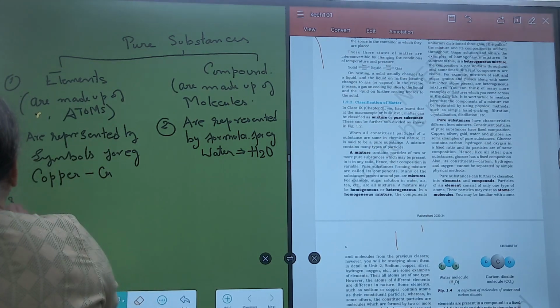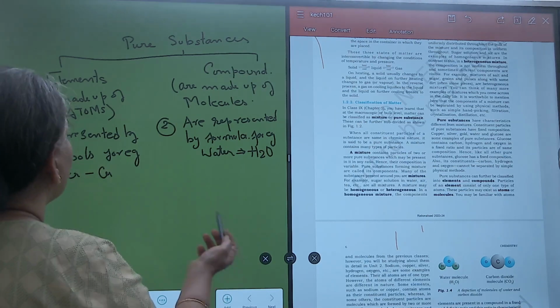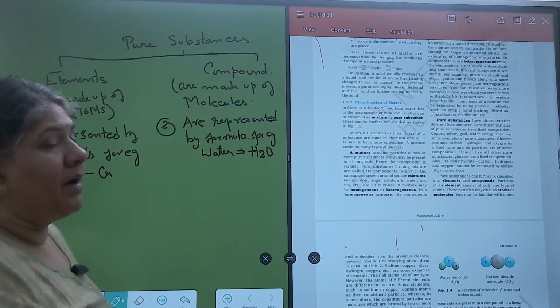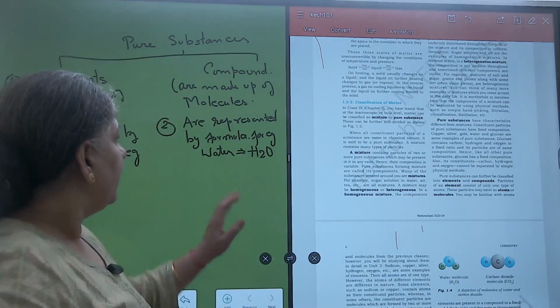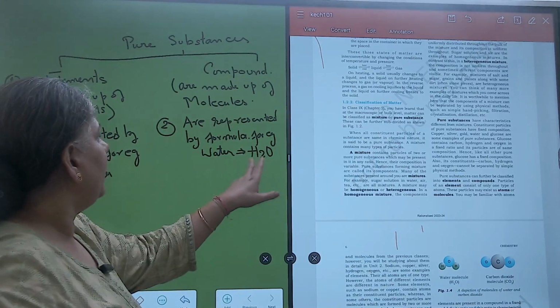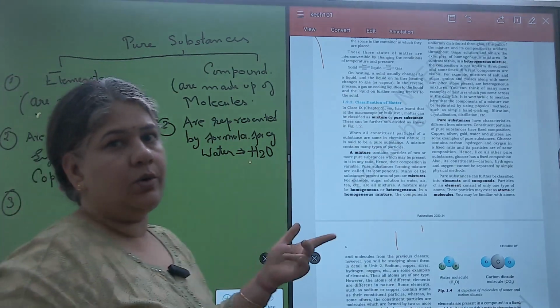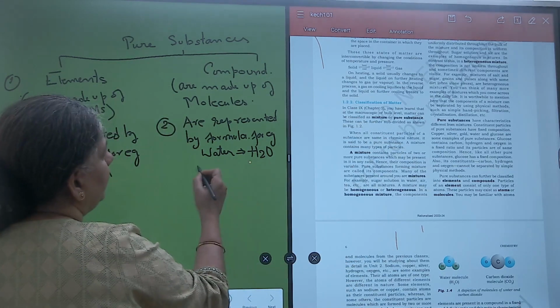Another point is that molecules are made up of either similar atoms or dissimilar atoms. For example, in case of water, hydrogen and oxygen are two atoms which are dissimilar.